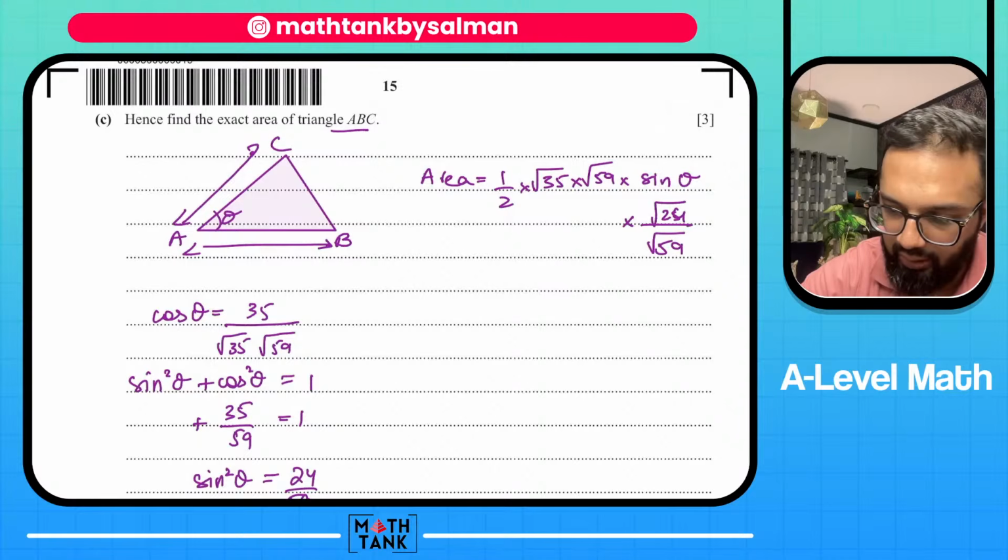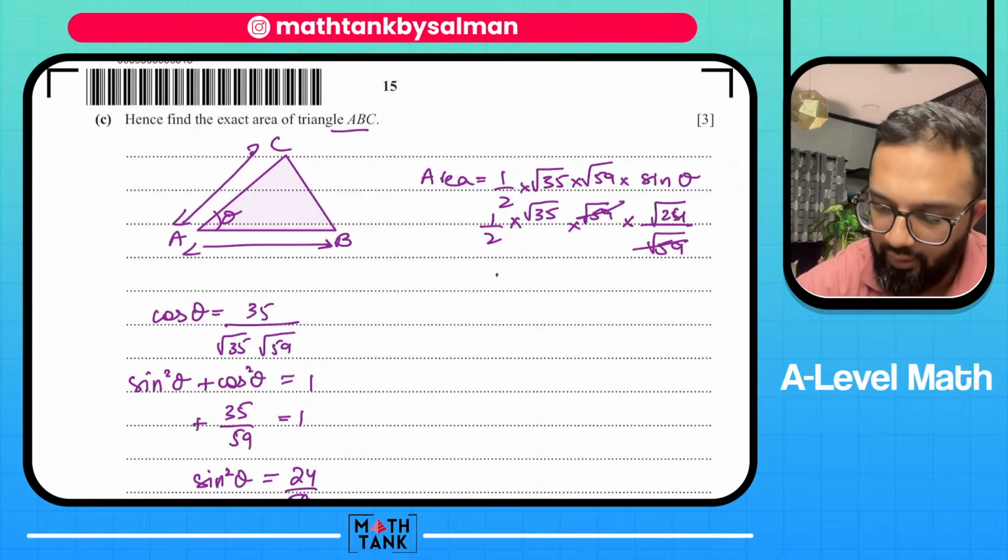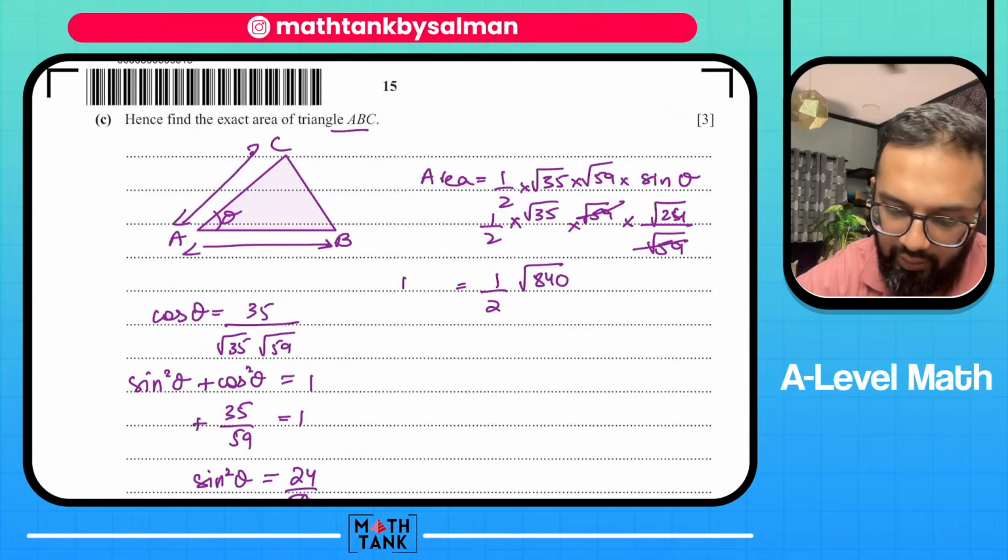That makes my calculation very easy actually. I can cancel out the root of 35 into root of 24. 35 times 24 is 840, so half of root 840 is the area.